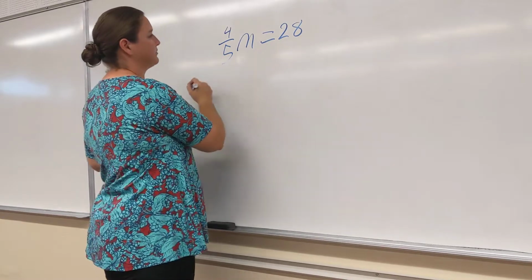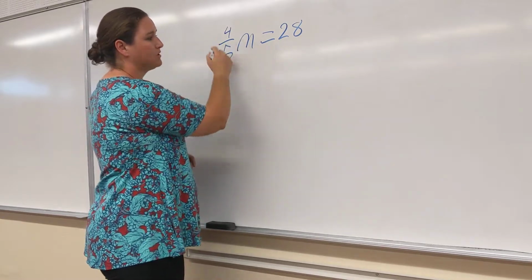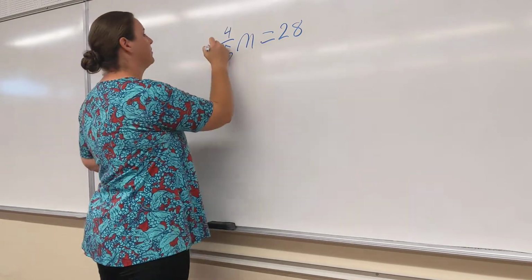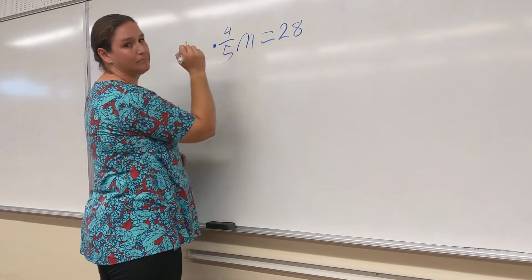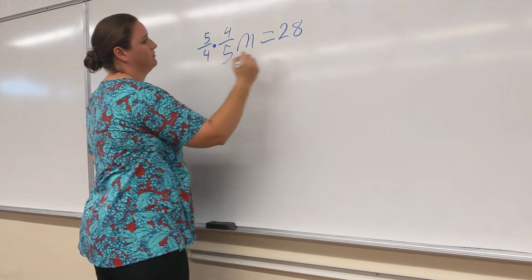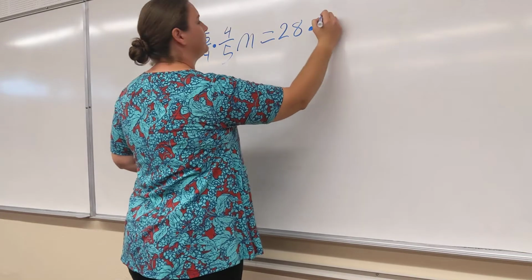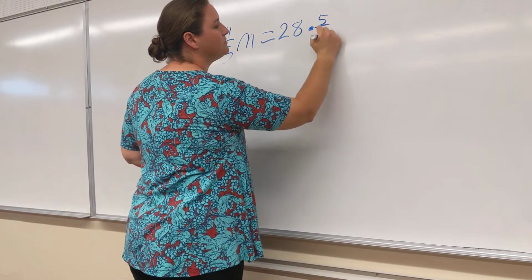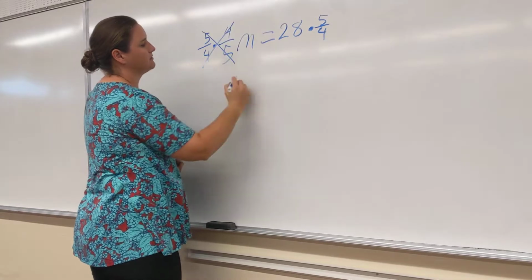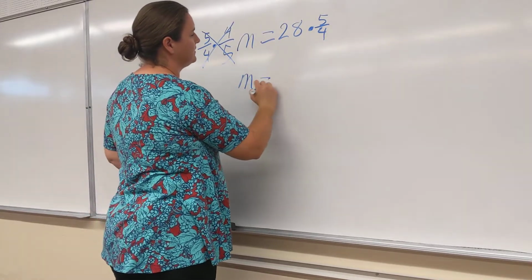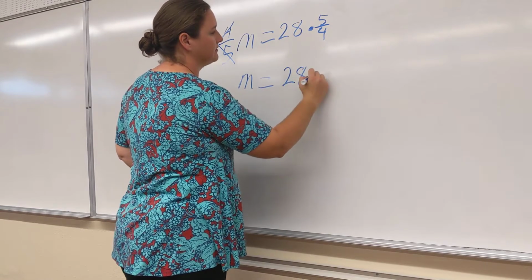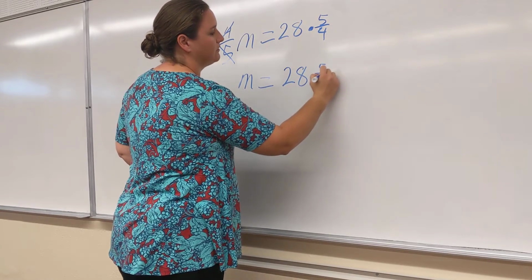First, let's do the reciprocal. Because this is multiplication, we multiply by the reciprocal. So, multiply both sides by the reciprocal. Now, these cancel out. They give us m equals 28 times 5/4.